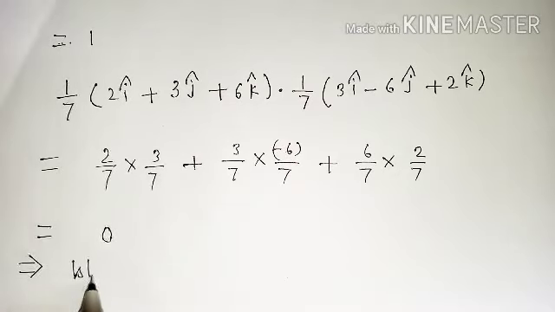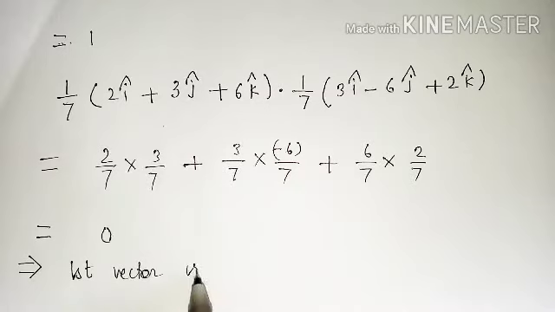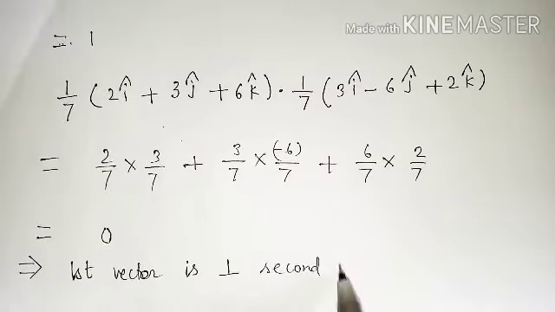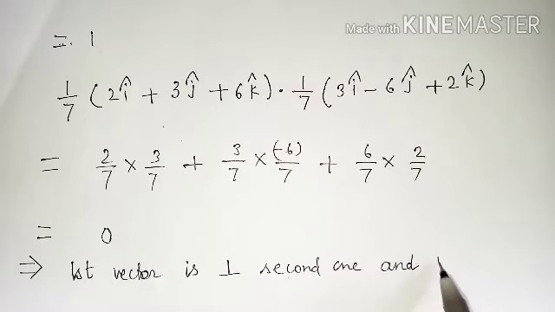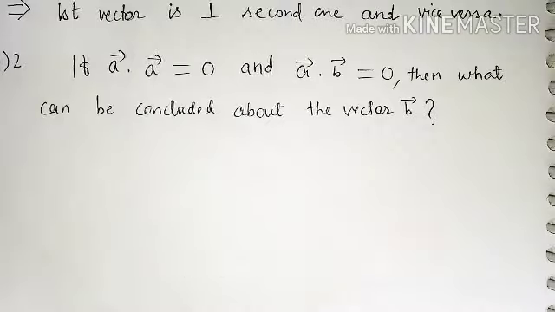The first vector is perpendicular to the second one and vice versa. The second vector is perpendicular to the first vector.